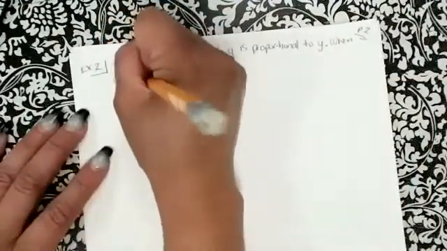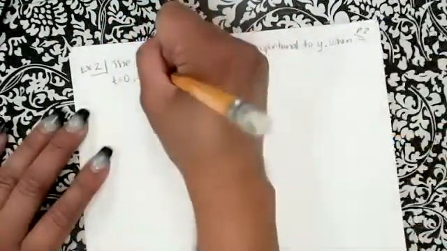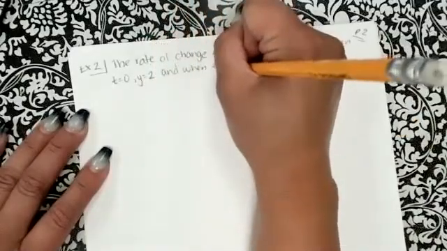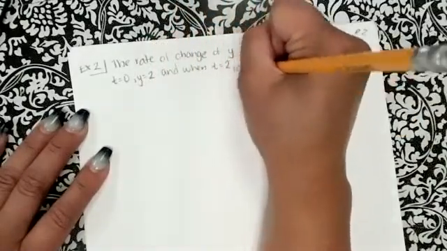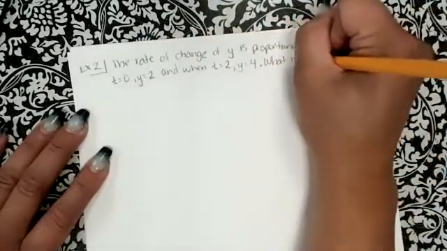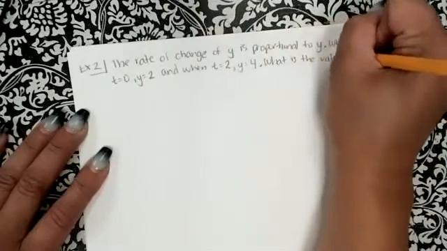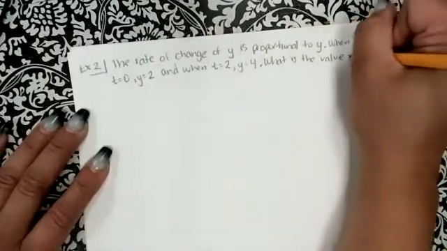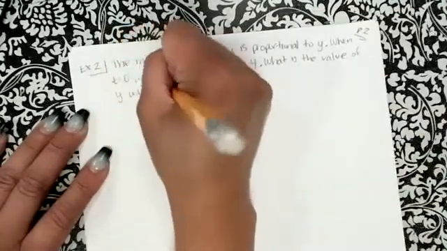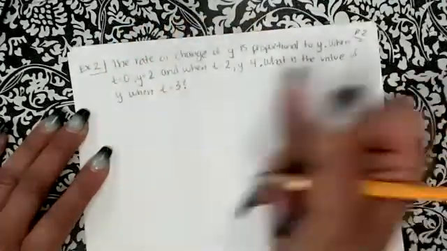When t equals 0, y equals 2, and when t equals 2, y equals 4. What is the value of y when t equals 3?